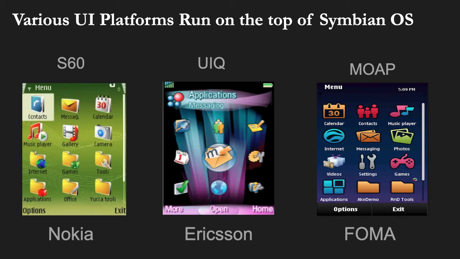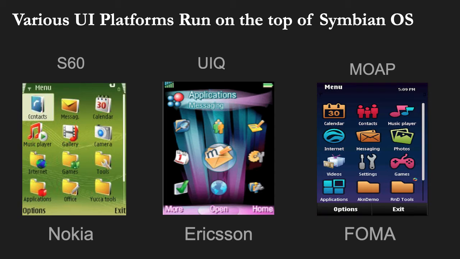For example, these are the various UI platforms that run on top of Symbian OS. For Nokia, they use the S60 UI, and for Ericsson and some other cell phone manufacturing companies like Samsung, LG, Lenovo, and Panasonic, they use the UIQ.